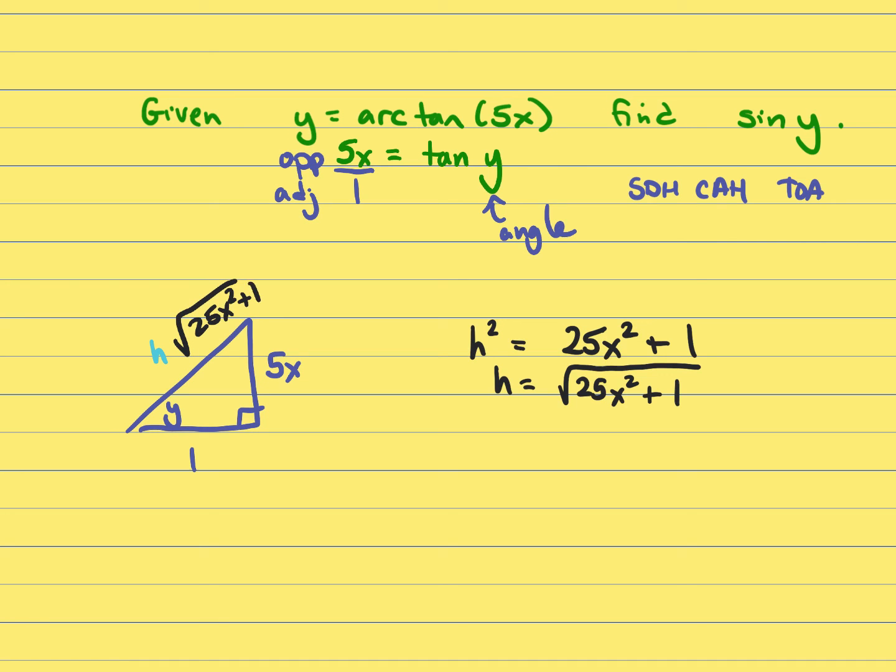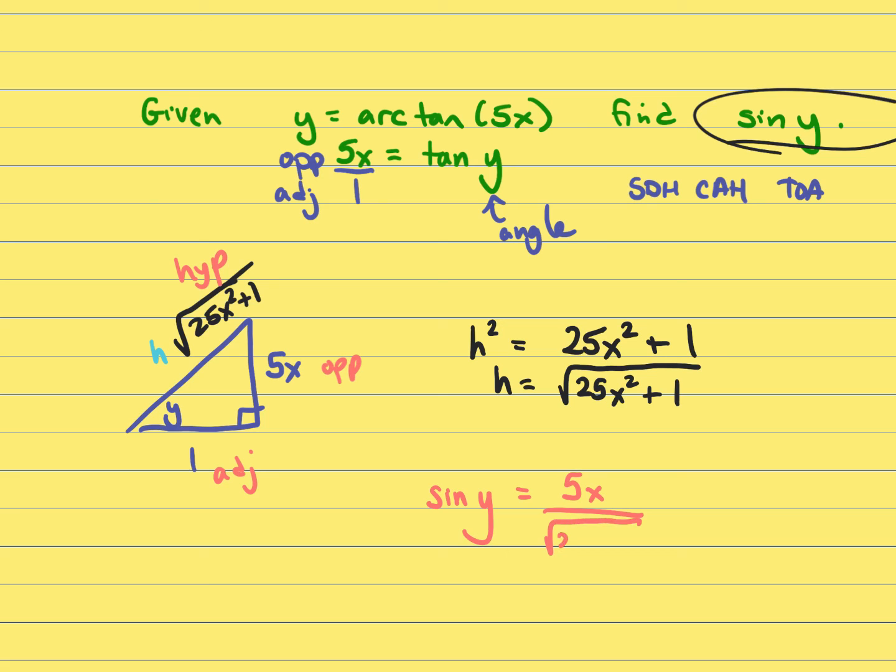Now once you have this, it is relatively straightforward, because now we're just finding sine of y. And remember, this is opposite, this is adjacent, this is hypotenuse. So sine is opposite over hypotenuse. So the sine of y is going to be 5x over the hypotenuse, which is the square root of 25x squared plus 1.